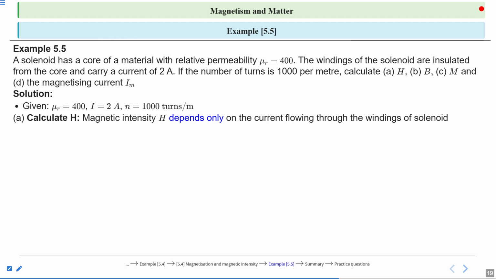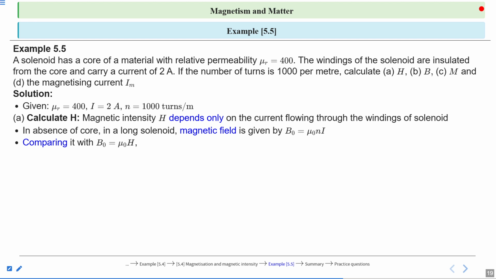In the absence of core in a long solenoid, the magnetic field is given by B naught equal to mu naught N i, that we all know. When there is no core, H is only due to the current, not due to the material.